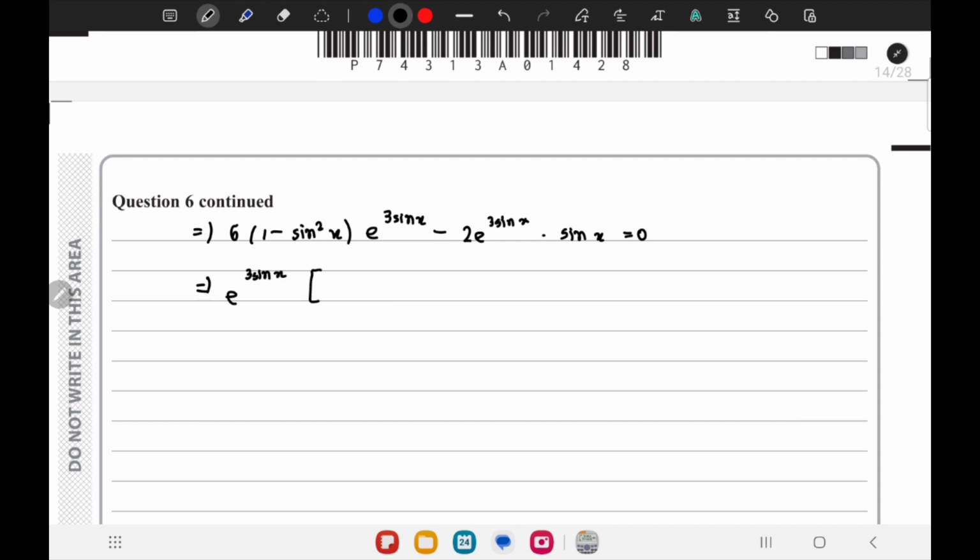Inside the bracket we'll have 6 minus 6 sin square x minus 2 sin x.